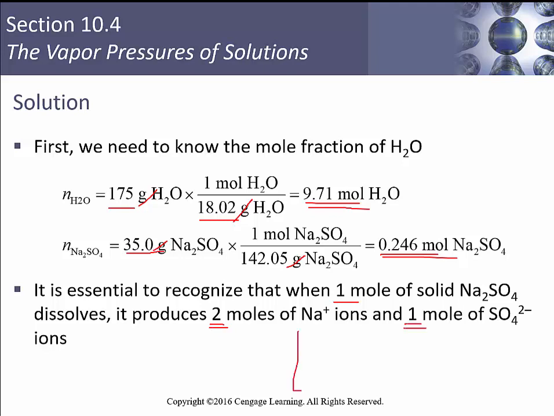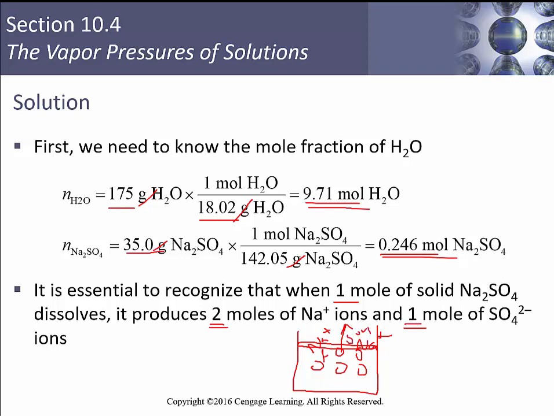So if we think about what is happening in our solution, we had all these water molecules. They wanted to get up to the surface, away from the surface, out into the atmosphere. But now they're blocked by not just one thing, like we had with the sucrose. They're going to be blocked by 3 things, 2 sodiums and 1 SO4.